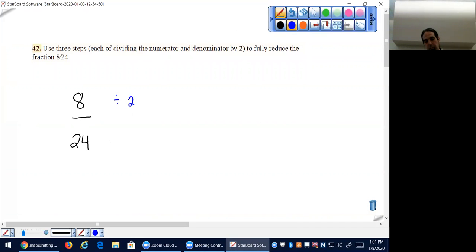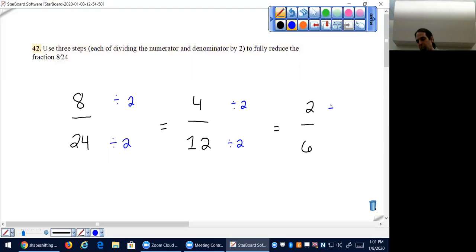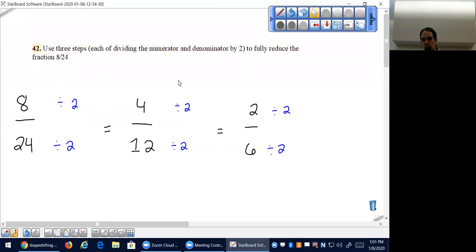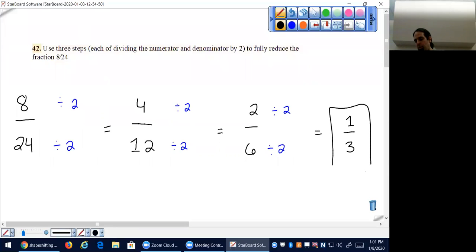I could say we'll divide by 2 top and bottom, and we'll do it again, and we'll do it again, and finally, we get to 1/3. There's nothing wrong with that. No one is going to ever grade you in this class on your efficiency of reducing fractions. So if you just like to whittle away a little bit at a time and it doesn't slow you down too much on the tests, it will work great.